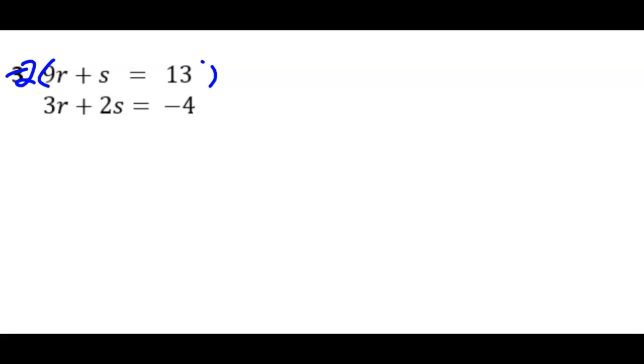You see that? Okay. If I was getting rid of my r's, they'd have to be 9 and -9. So then I multiply my bottom equation. It doesn't matter which one you get rid of first. You just have to get rid of one of them. Okay? So sometimes you have a choice.